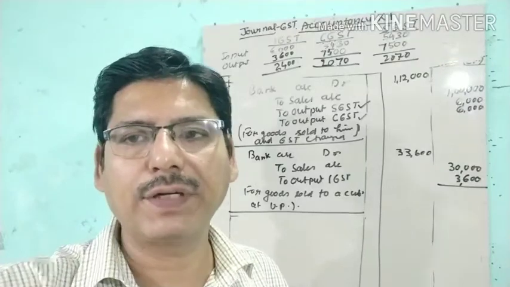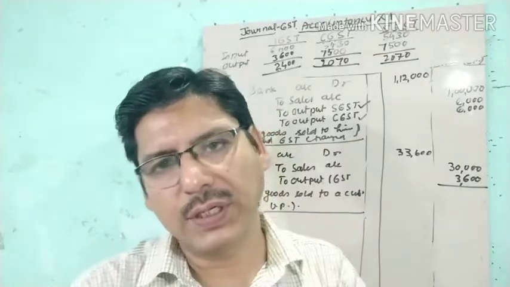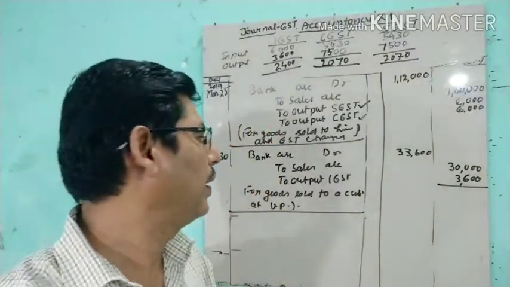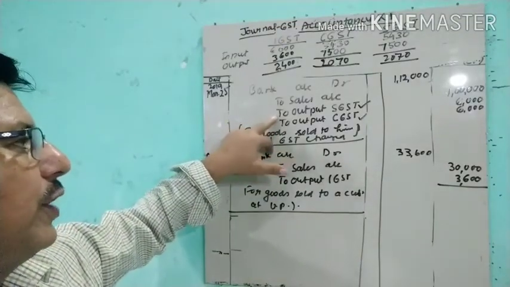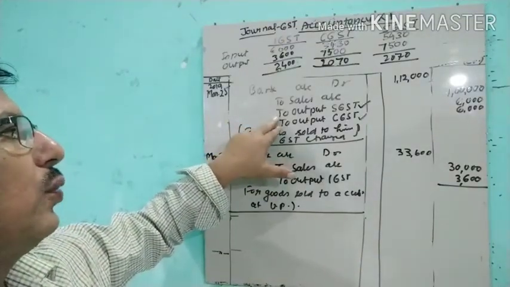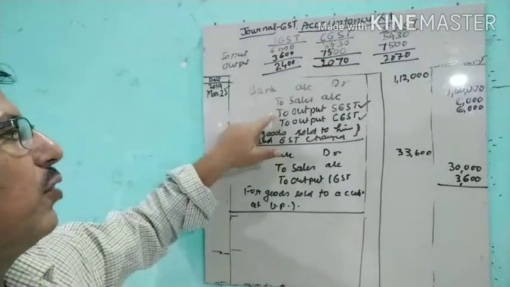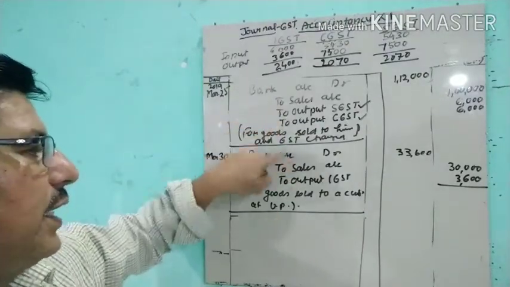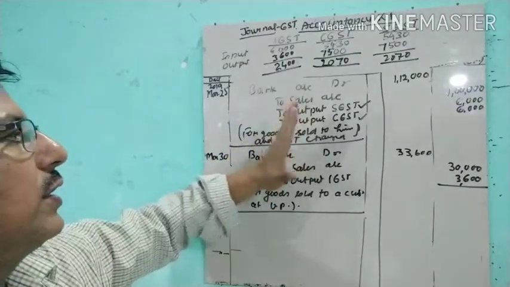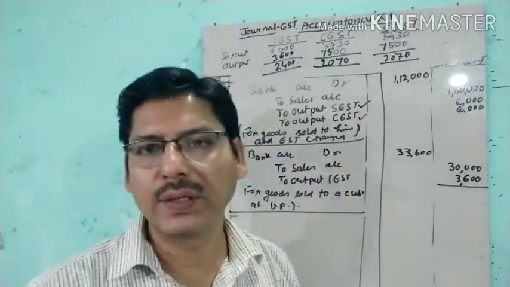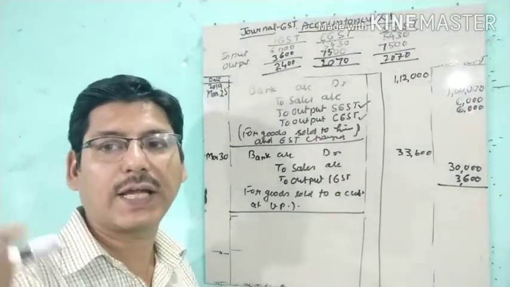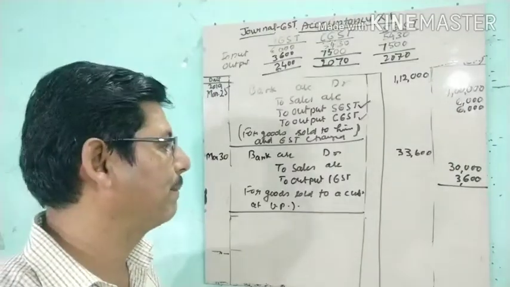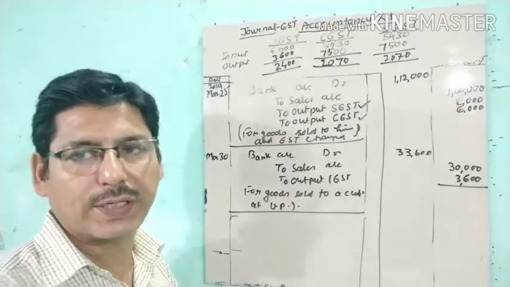After that we will take the amount that is to be adjusted. Output SGST is credit, and when we adjust it towards input, it will be debited. Output SGST, CGST and IGST will all be debited, and input SGST, CGST and IGST will be credited. Okay, so let us start.